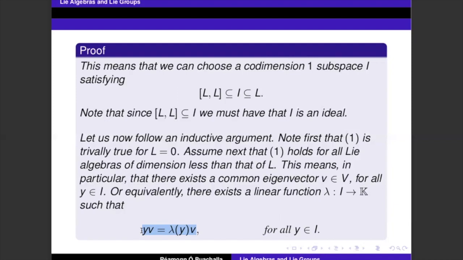Okay, so from our inductive hypothesis, we've constructed a lambda that goes from I to k. Now what we have is I and lambda. We've got this pair that we used in the previous lemma to construct W, this L sub-representation. We defined it in terms of I and lambda, and then we proved that it was actually an L sub-representation.